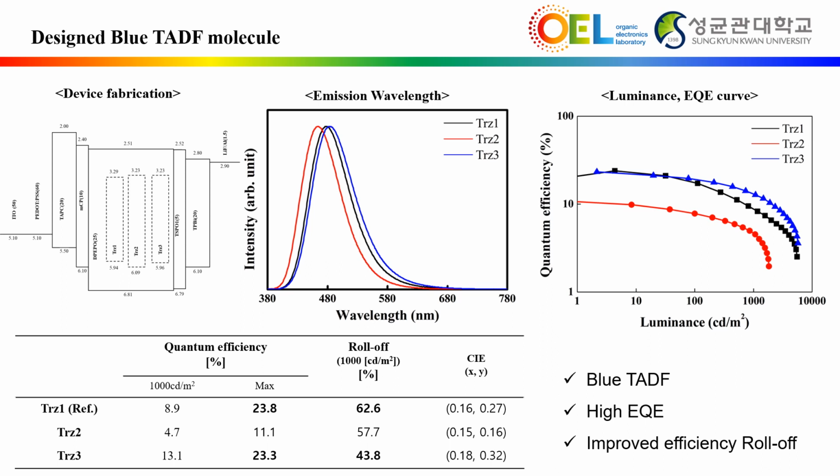In terms of roll-off, in the case of TRZ3, 44% at the 1000 nit standard was observed through the high RISC speed, and the result satisfied high fluorescence efficiency and high RISC speed for the initial design purpose.